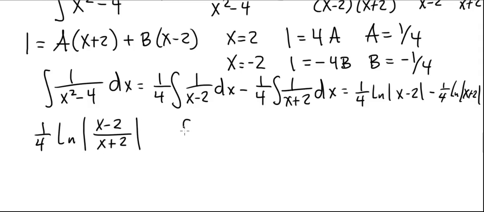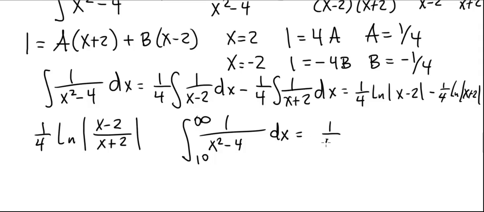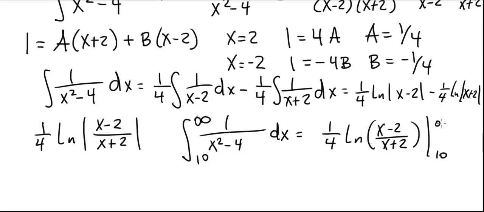And so the integral from 10 to infinity of 1 divided by x squared minus 4 is equal to 1 over 4 times the natural log. Now we can drop the absolute value because all the values of x are big enough that we cannot have a negative number inside the natural log. So this is 1/4 ln of x minus 2 divided by x plus 2, evaluated from 10 to infinity.